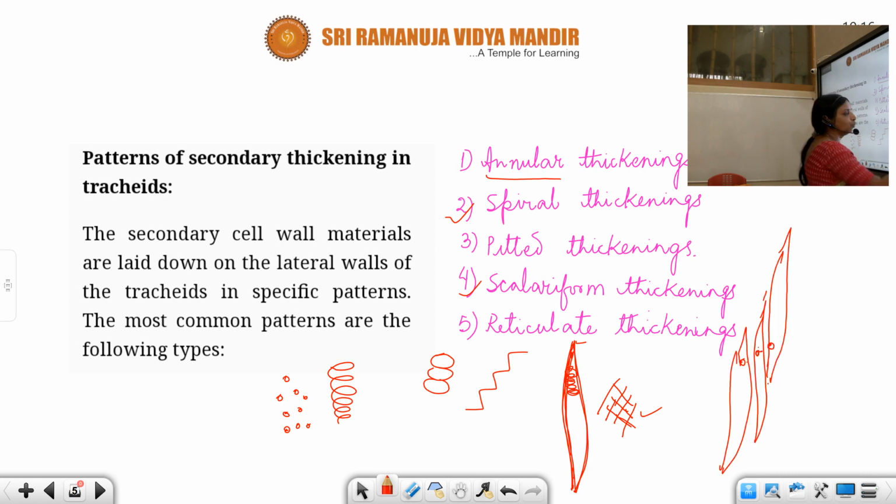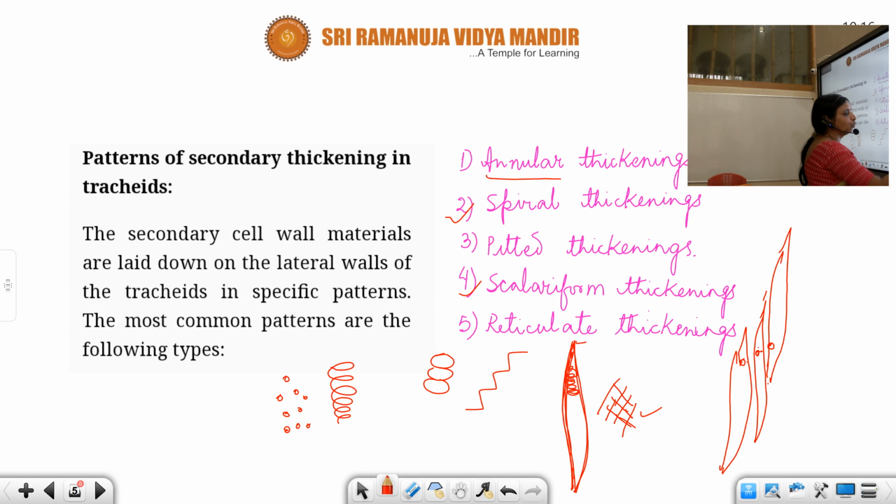The tracheids are arranged like this, and the flow of water occurs in this manner. But see, it is very narrow because of small holes. These pits are small holes, and there is no other perforation we find in tracheids.